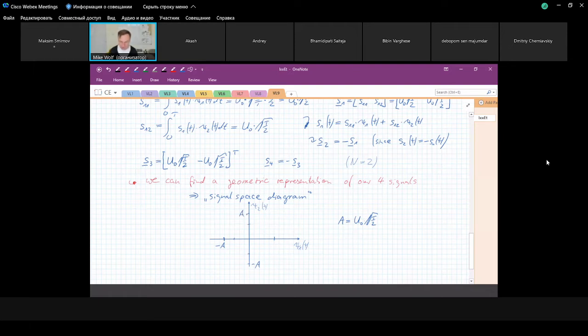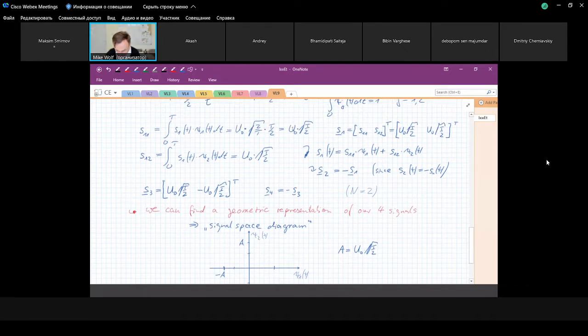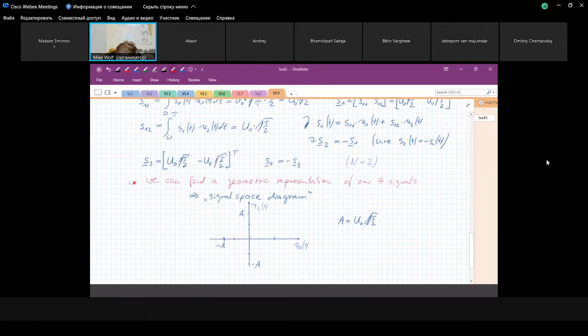So the first signal just corresponds to the components U naught times square root of T by 2, so A. This means the first signal vector points in this direction. This is the geometric representation of S1, and S2 is just antipodal to this S1. Sorry, this is too long. It's this one, right?